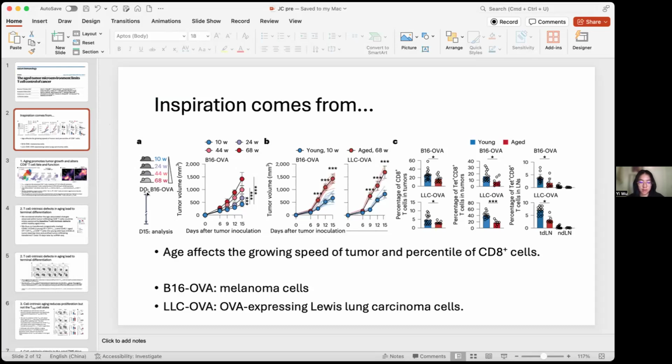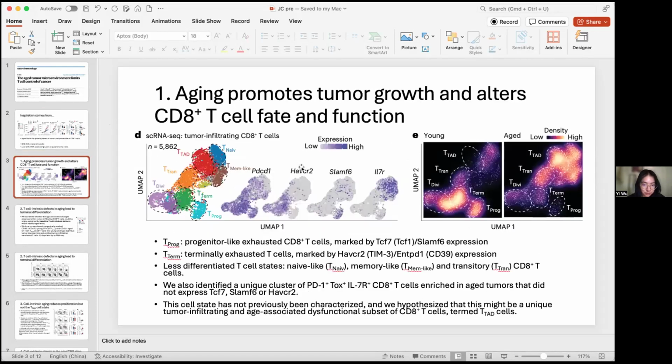And they found that in older mice, the tumor actually grows faster and grows into higher volume, so they want to know if this microenvironment actually affects the immune cells. Then they get the cells from all different ages and do a single cell RNA sequencing. They found different cell populations.